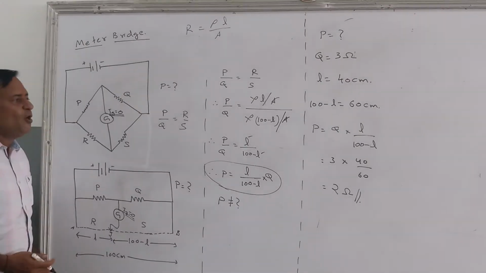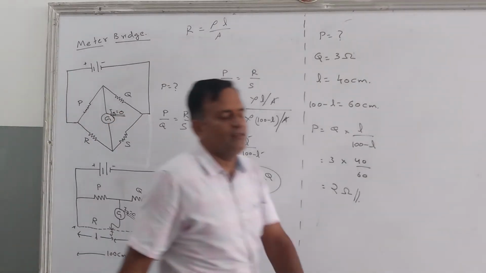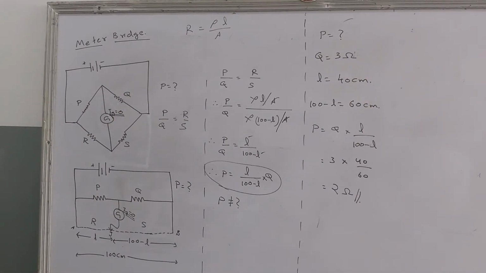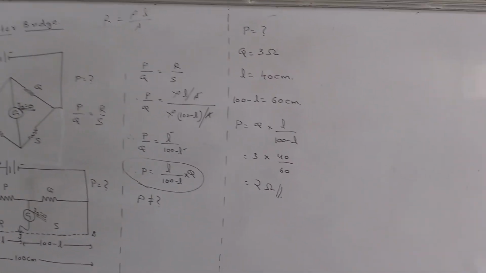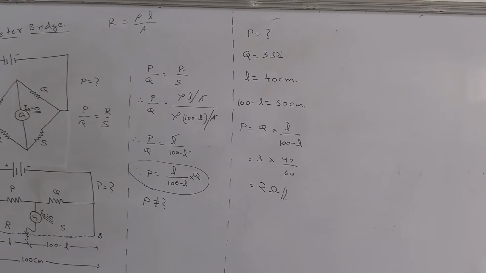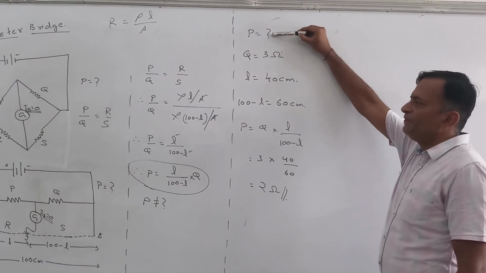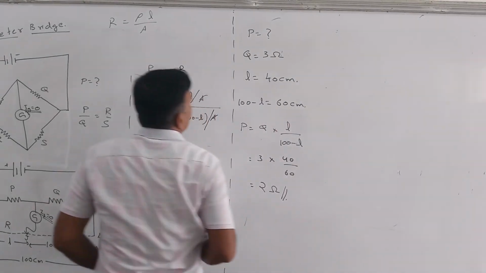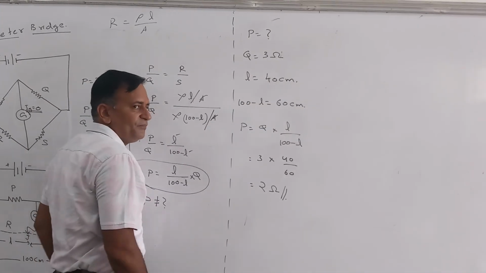Okay, let us see one simple example based upon this. Say P, we do not know what P is. Q, we know, is 3 ohms.